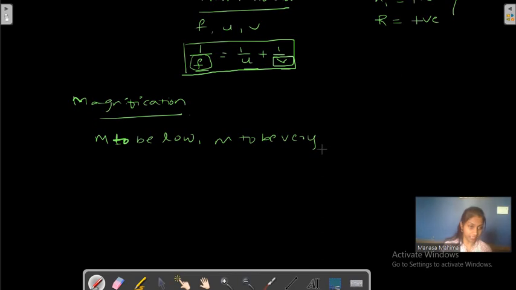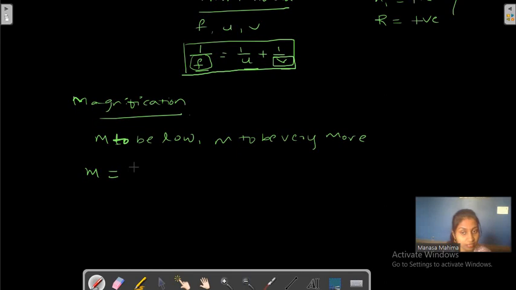That means the enlarging power of the lens or the mirror will be more, and sometimes it will be very much less. That means we are getting a diminished image sometimes, and sometimes an enlarged image. It all depends on the position of the object and on the incident rays that we are considering, right?